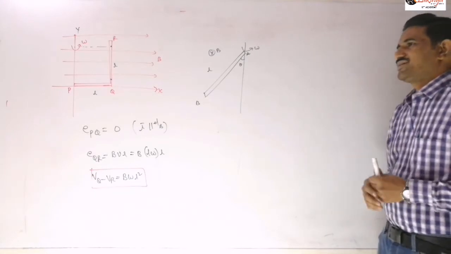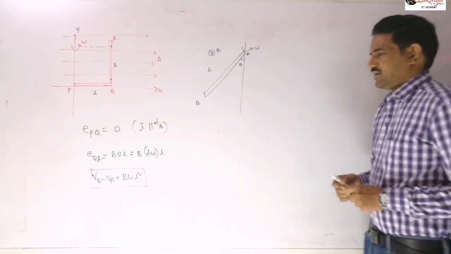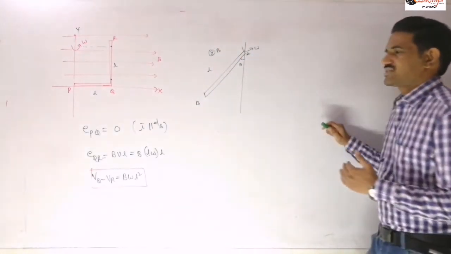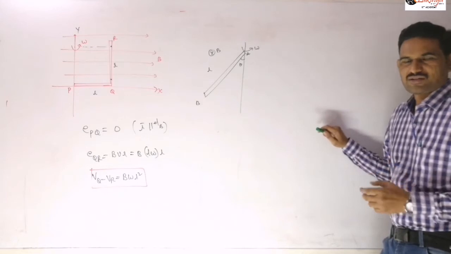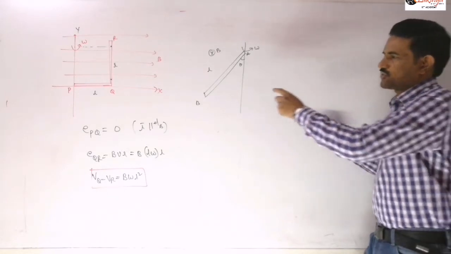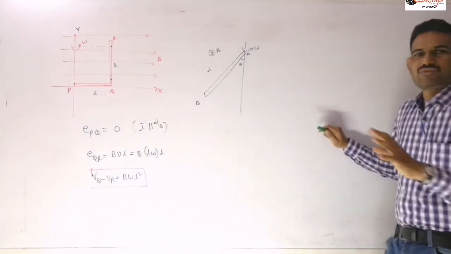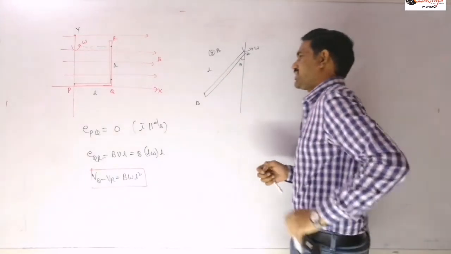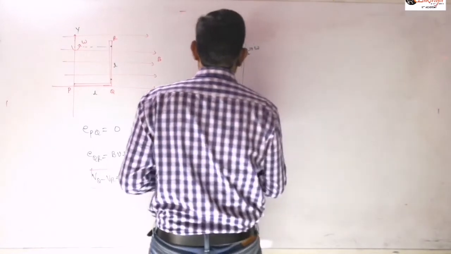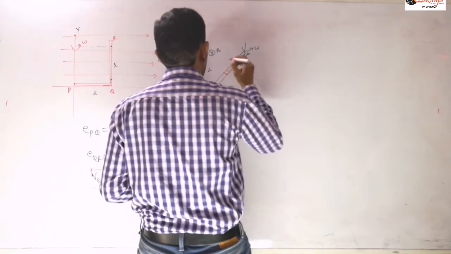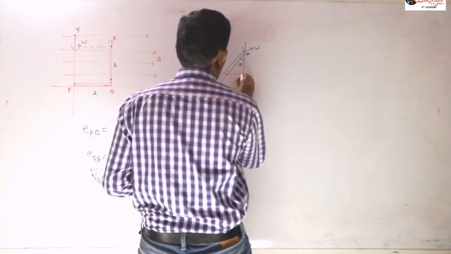Now in this case, we can take a small element. Here the velocities of the different elements will be different, right? So the velocity if you are taking B will be different, or if you are taking an element here, that will be different. So you can take a small element here and write its velocity.